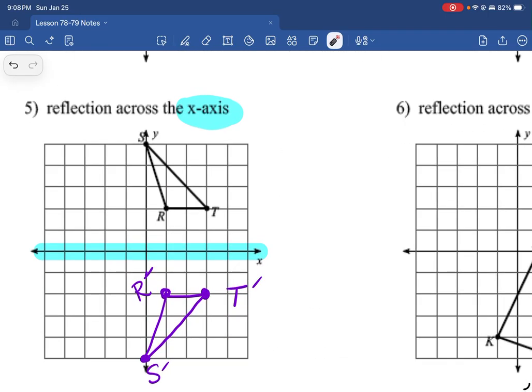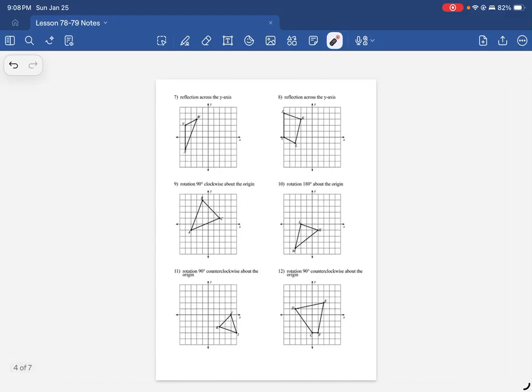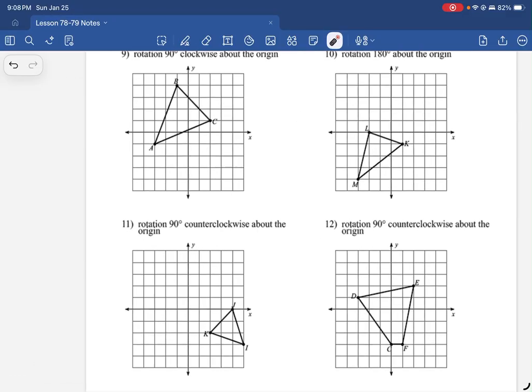So at 4, 1 is our B prime. C is located at 2, 1. Applying the rule, remember the y comes up front, and then we use the opposite sign of the x. So 1, -2. There's our C prime.